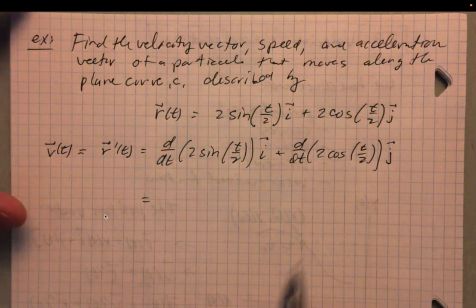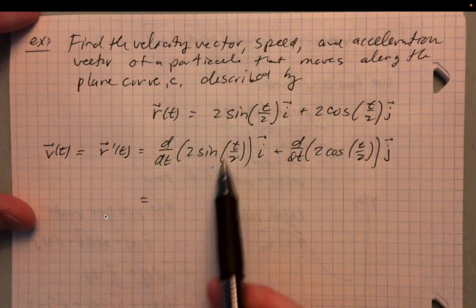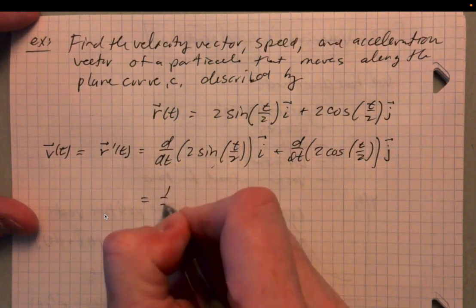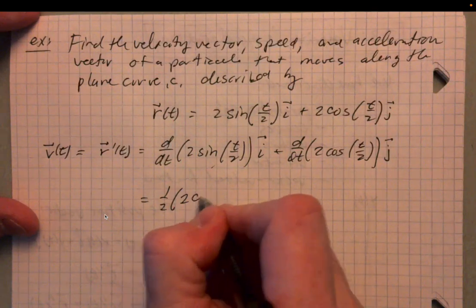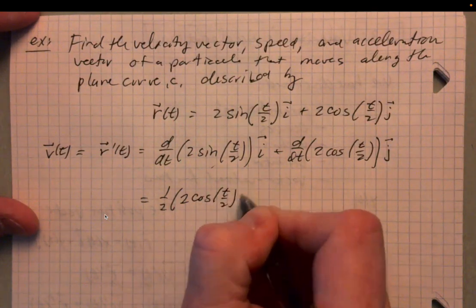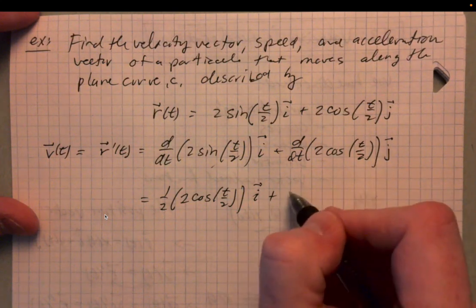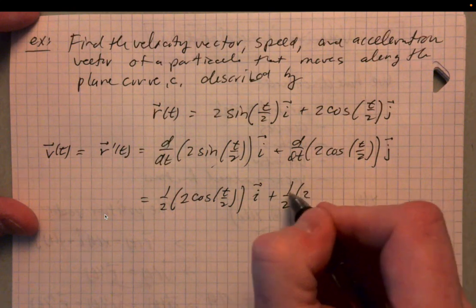And so what do we get here? Well, this would be the chain rule from Calc 1, recall. So this would be 1/2 times 2, and now instead of sine, it'll be cosine of t over 2 times i, plus the same kind of thing here, 1/2 times 2, actually it'd be negative, won't it?